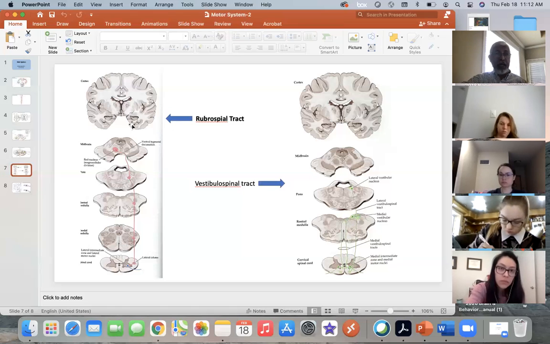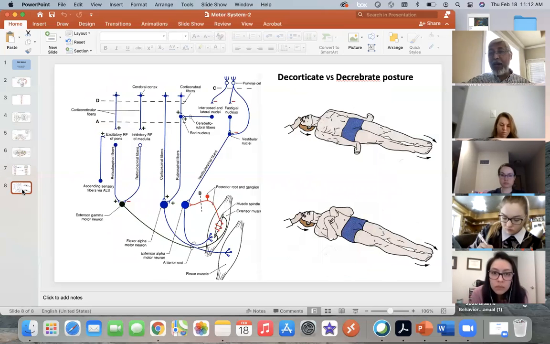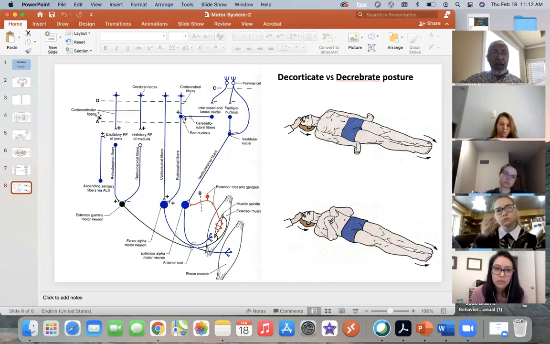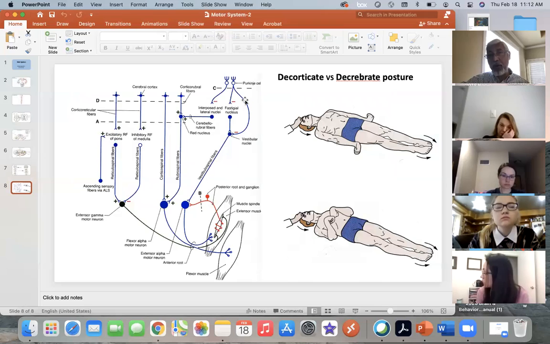Okay, now we get to a point where you just have to understand it in order to make things clear. Now look here. This is the cerebral cortex. And these are the subcortical areas, right? And this is the cerebellum.